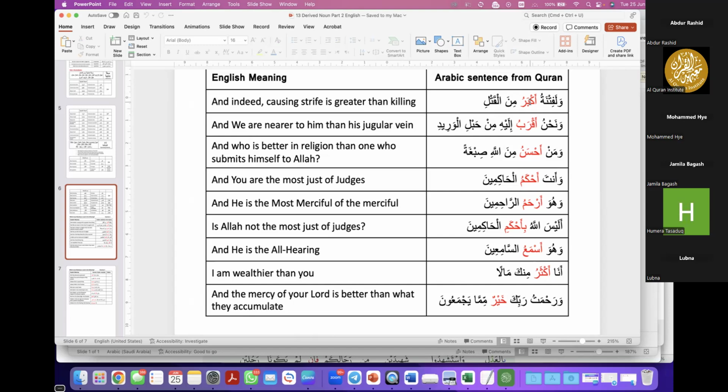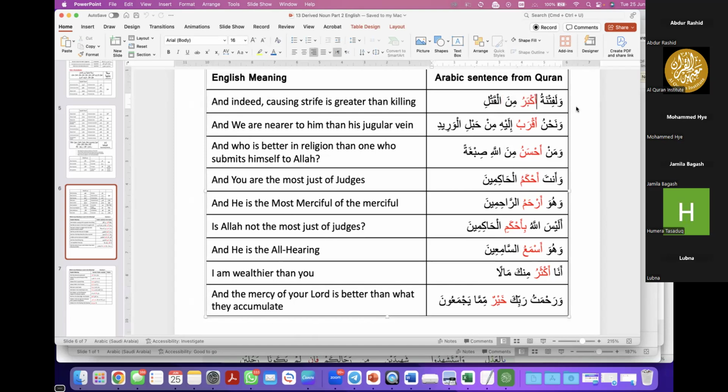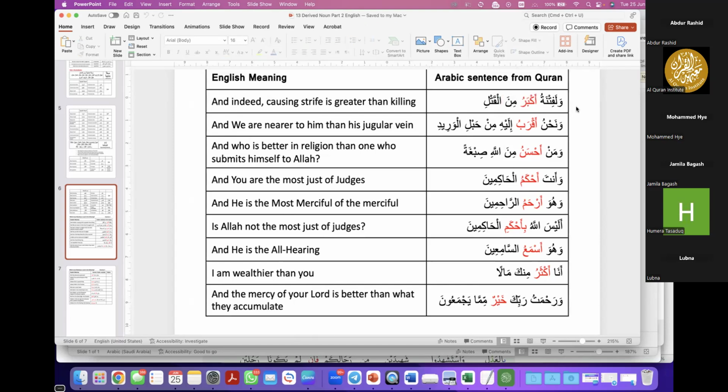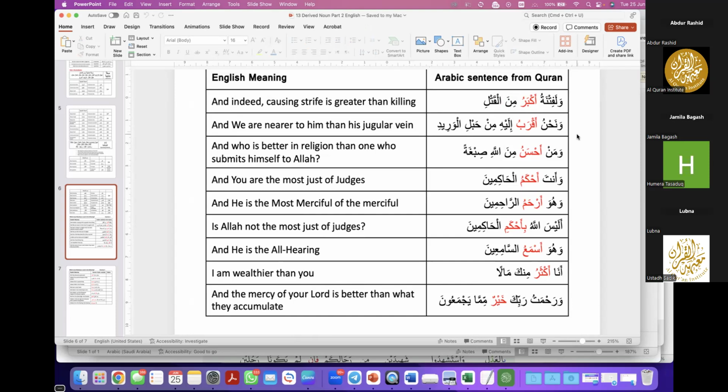It is comparison here, between two things. So it's better, it's not best. It's a comparison between fitna and qatl. Okay. So ismul tafdil, the pattern it follows is af'alu. She said it, mashallah. Next one, Ustad.